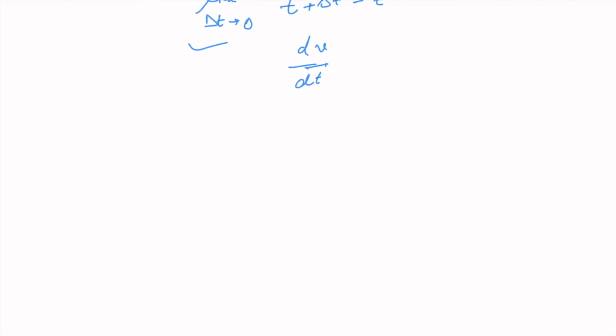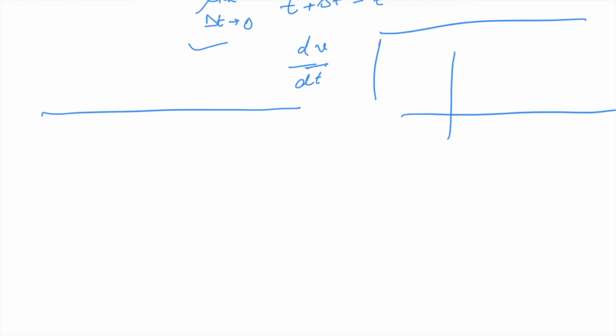So to understand this in a more generic way, let's say there's a graph of some variable. If you have to find the rate at which the function is increasing, we have to find this tan theta, the slope. The slope is nothing but this distance divided by this distance.